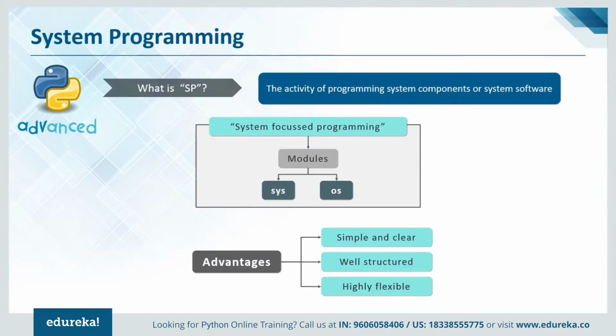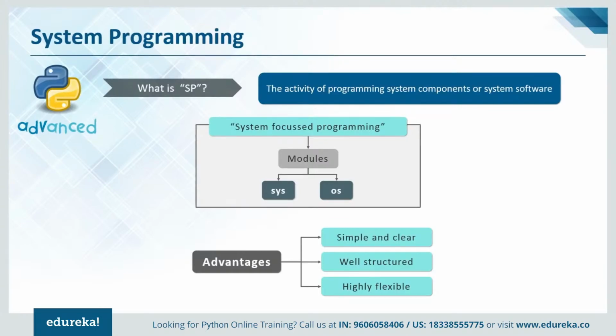Simple, right? So system-focused programming, as I'll call it, is actually made possible with the aid of the sys and the OS module. Guys, this serves as an abstraction layer between the application, which is the Python script or the program, and the operating system. You getting it, right? So basically, operating system is anything between Linux or Windows or anything.